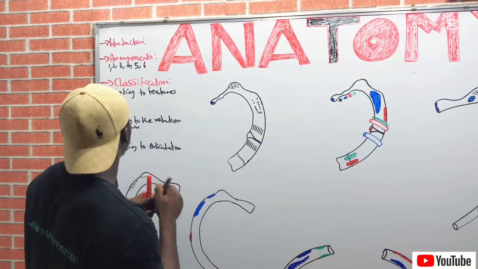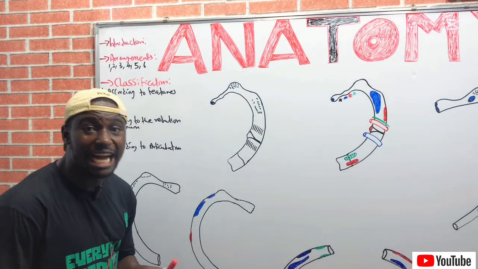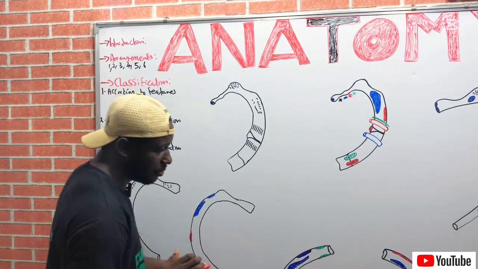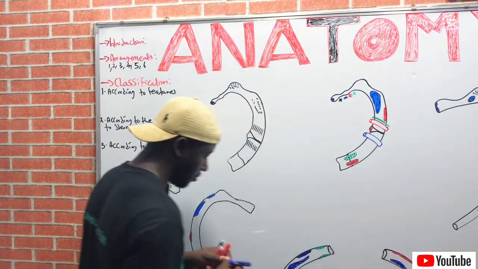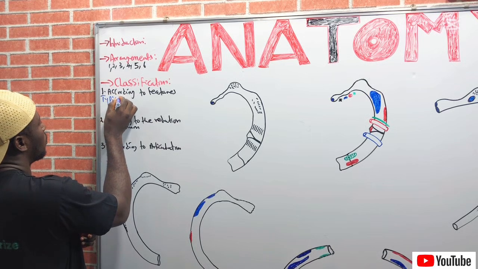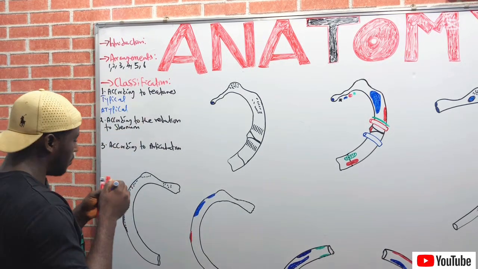Now, let's begin with the classification according to features. According to features, we have typical and atypical ribs.